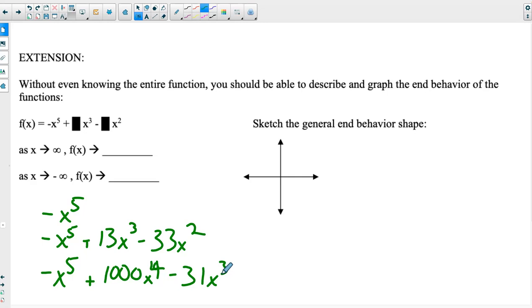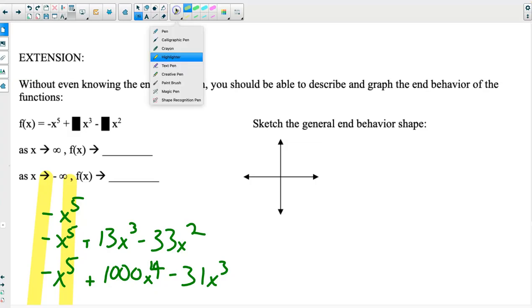They all do the same thing in the end. So all I care about is not what follows. I only care about this number right there, and I care about the sign in front of it. So this right here is a negative degree 5, so it goes like this.